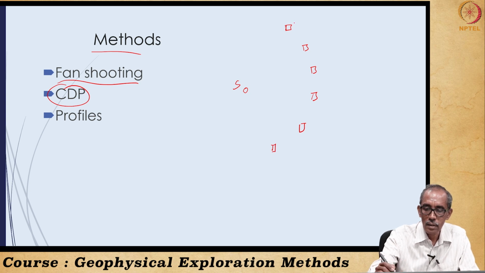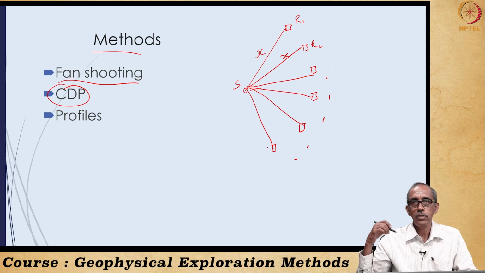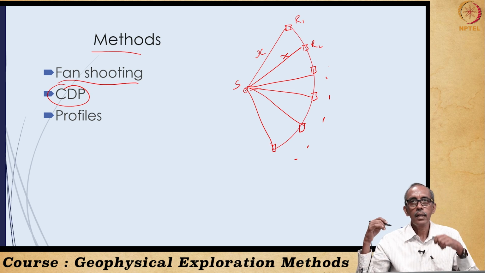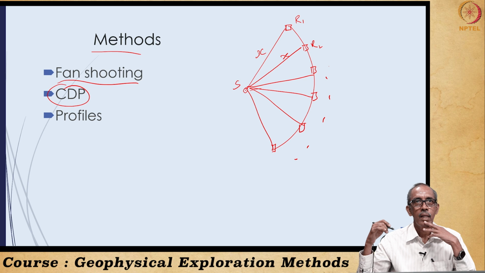All the receivers, R1, R2 and so on, are at the same distance. This distance is only x. When I draw the lines linking the source and receivers, this resembles a small hand fan. That is why this method of shooting is known as fan shooting.